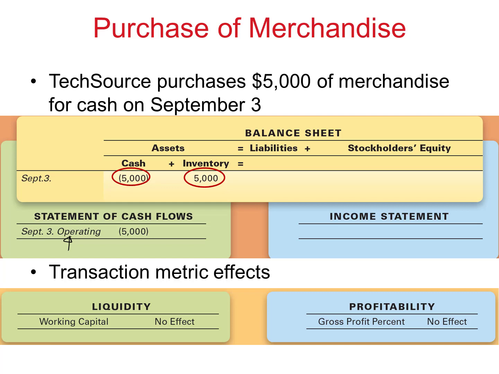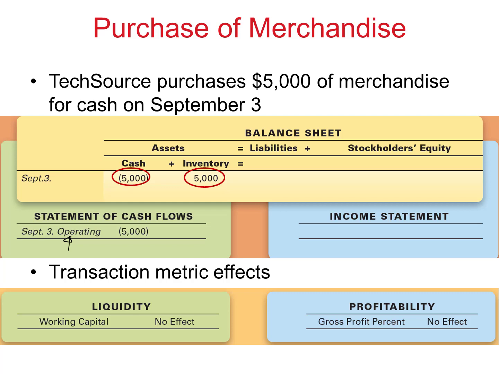There is also a corresponding increase in inventory. The net effect is that the assets remain the same, and because both cash and inventory are current assets, there's no net effect related to our liquidity, which is the working capital.